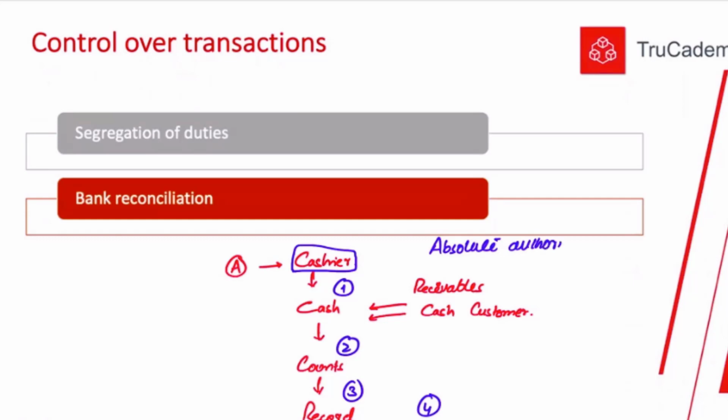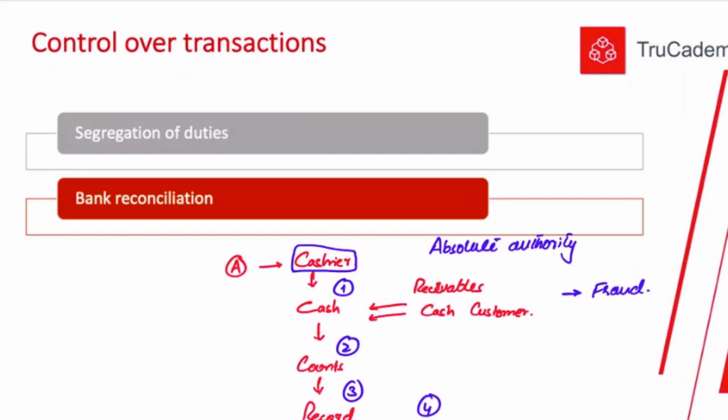He has absolute authority to record cash transactions. He can collect cash, count cash, record cash, and even deposit it in the bank. Now the problem is that if one person is responsible to complete the whole set of transactions, then there will be a huge chance or maximum risk of fraud.